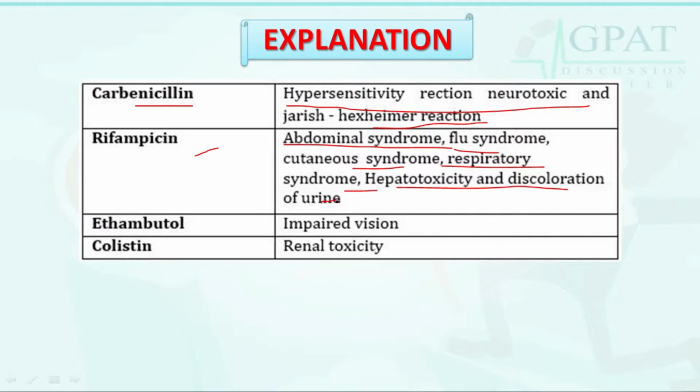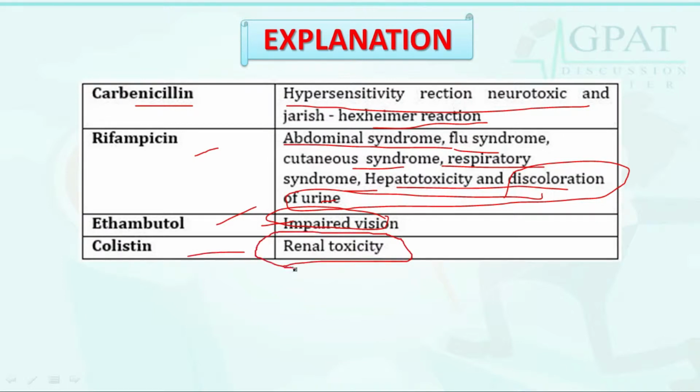Students, sometimes the question may ask what the main adverse effect of rifampicin is, that is discoloration of urine. Ethambutol has impaired vision, which is asked in the question, and colchicine has renal toxicity as a major adverse effect. So the correct answer is ethambutol.